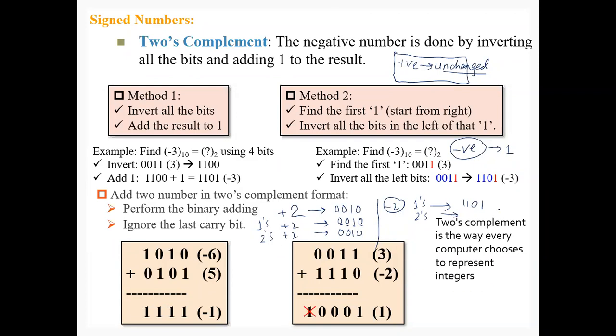So 1's complement is this, right? Plus 1. That gives you 2's complement. So what is that now? 1, 1, 0, 1. I have to add 1, right? That's how you get 2's complement. So 1 plus 1 is 10. You have carry 1. Then 1 plus 0, 1. Then you have 1 and 1. That's how you represent negative 2 in 2's complement.